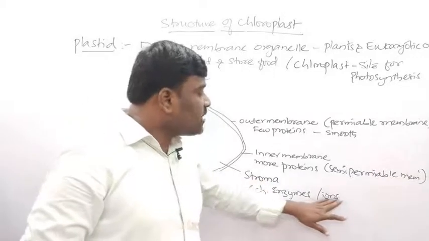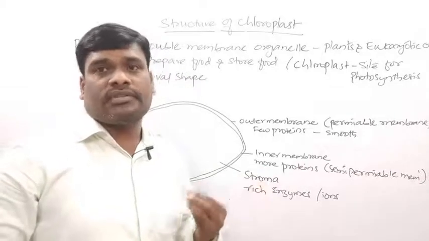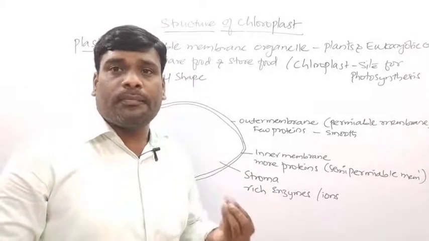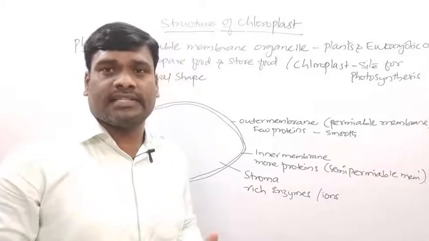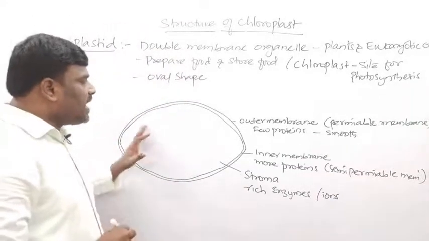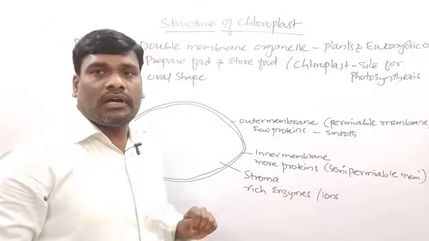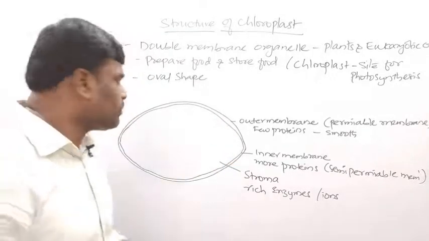These enzymes and ions take part in the photosynthesis process, children. They help to complete the process of photosynthesis, right? And one more important thing, children, there are certain structures inside the stroma. Let us see those structures, okay?